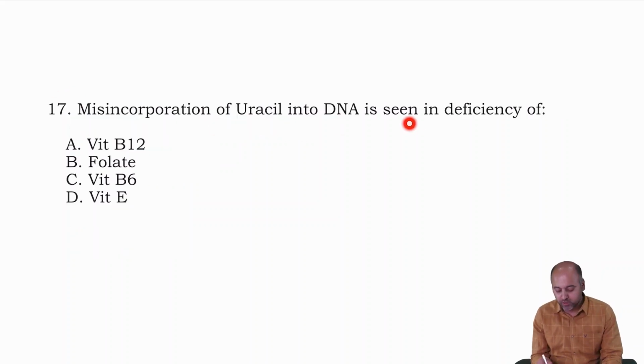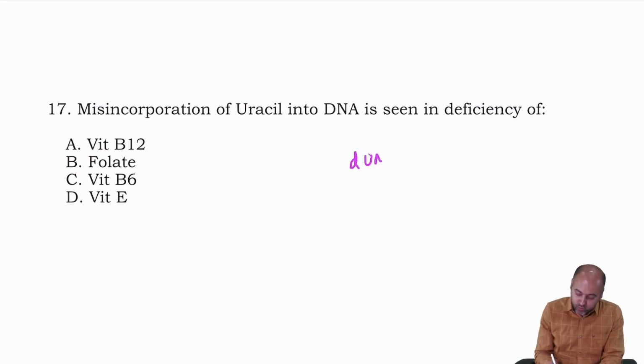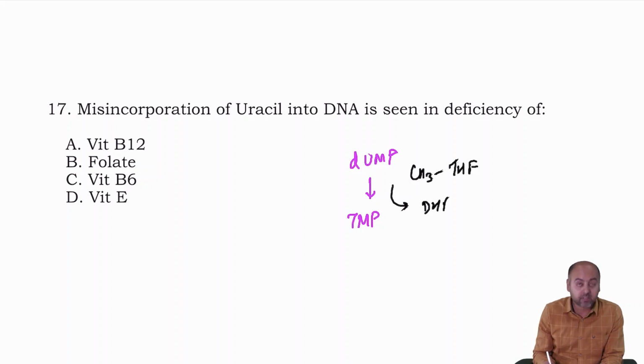Misincorporation of uracil into DNA is seen in deficiency of B12, folate, B6 and vitamin E. Again, this is a conceptual question where you have to understand which of the vitamins is required for conversion of uracil into thymine. So you have to remember that dUMP gets converted into dTMP, where methylene tetrahydrofolate is required.